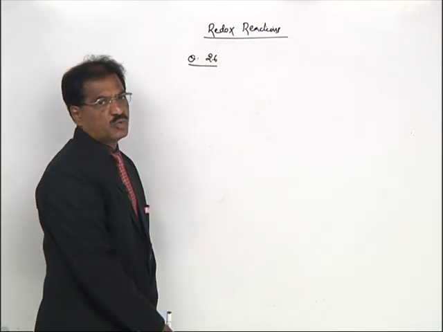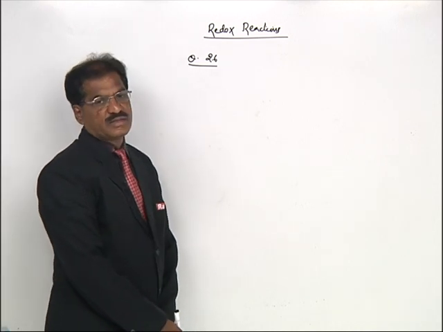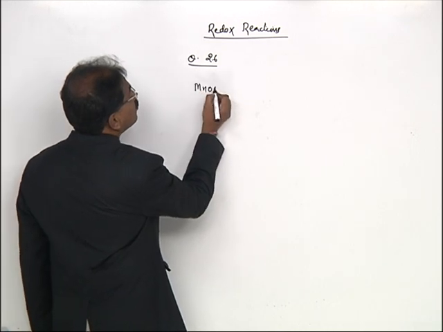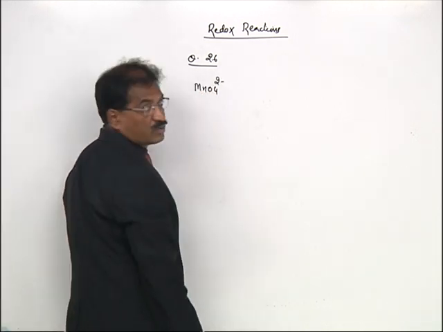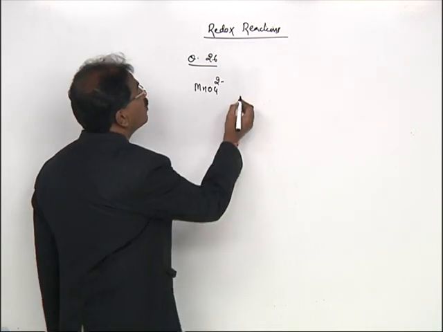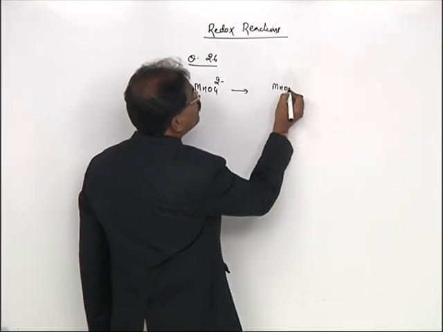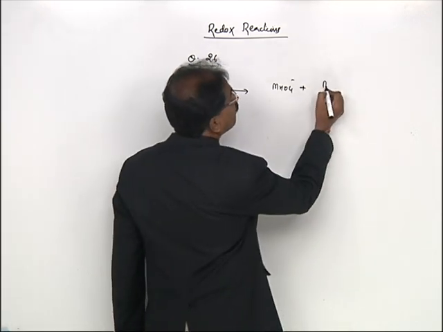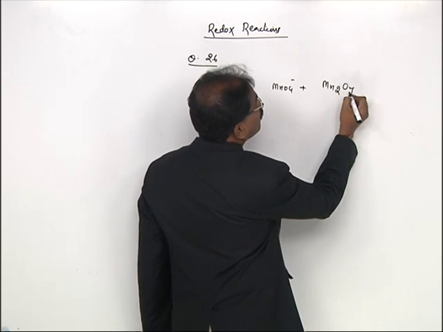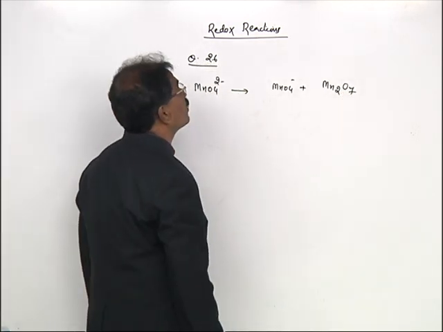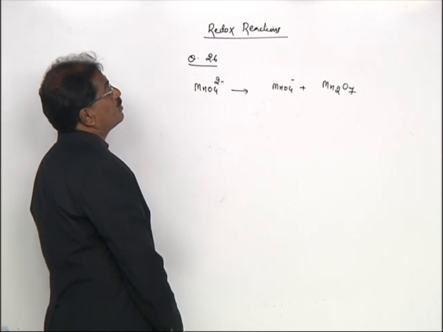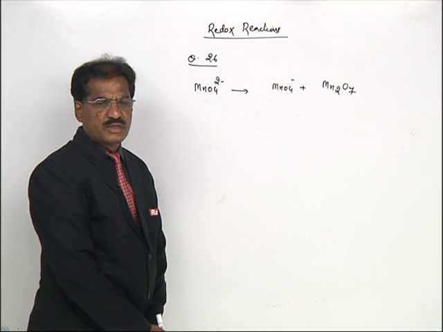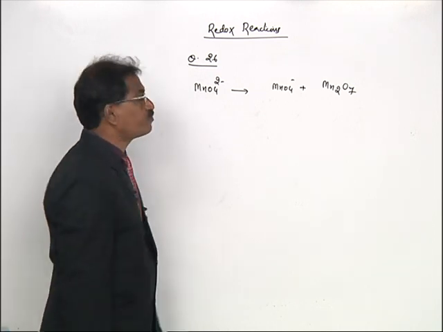Here MnO4 2 minus, that is a potassium manganate, it is undergoing disproportionation into MnO4 minus, potassium permanganate, plus Mn2O7. This is the disproportionation reaction given. Here we have to identify the number of moles of MnO4 minus participating in the reaction.